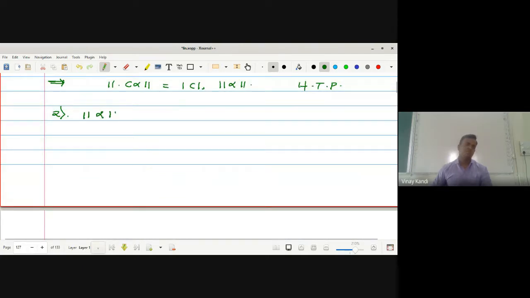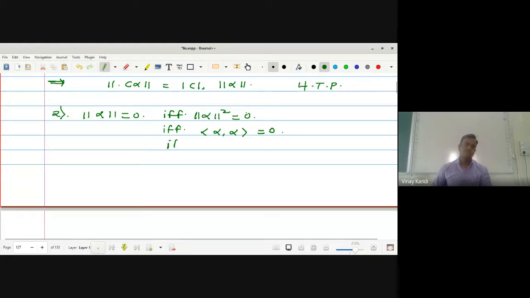Norm of alpha is equal to 0 if and only if norm of alpha squared is equal to 0, if and only if the inner product of alpha with alpha is equal to 0.